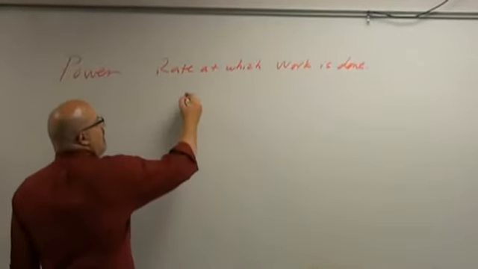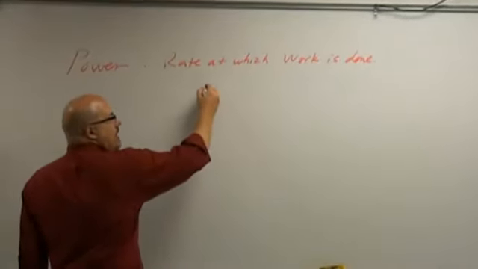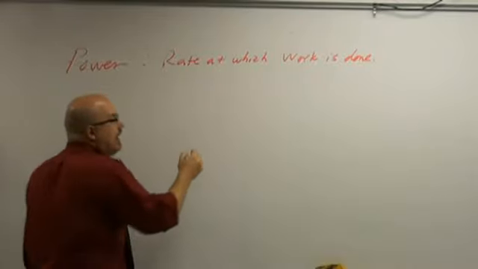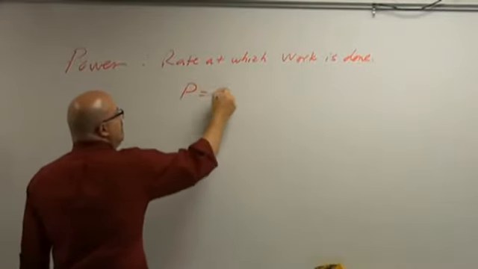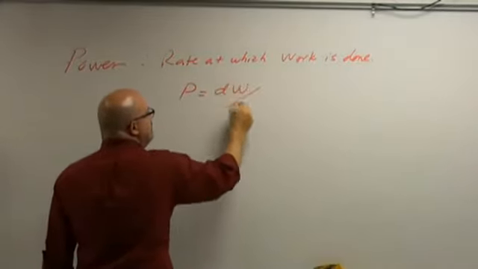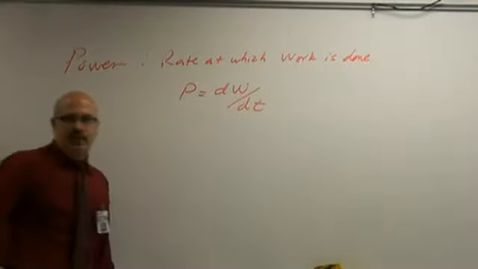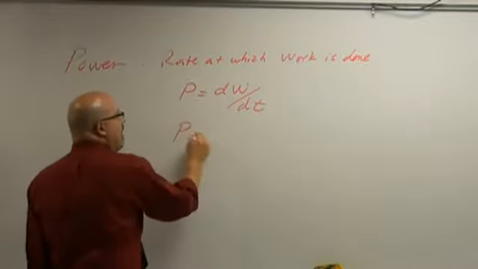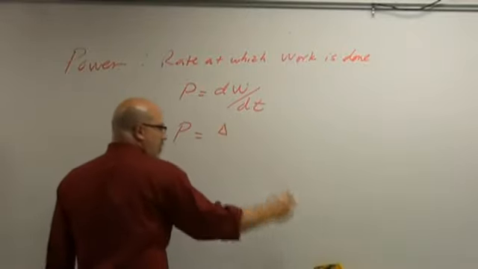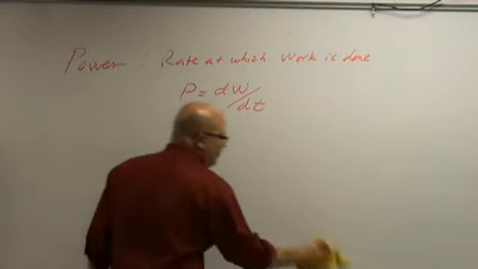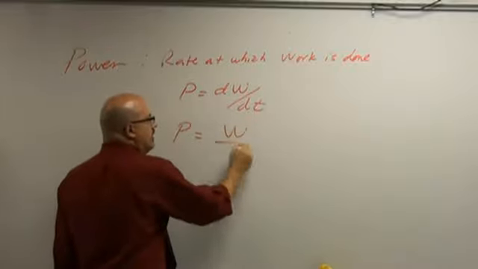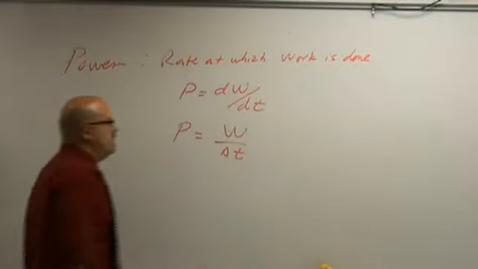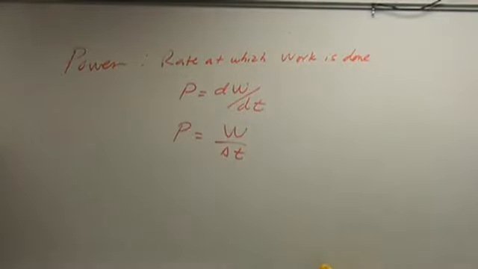Okay, for those of you in calculus, power equals dW/dt, the rate at which work is done. For those of you not in calculus, power equals W, the work, over t. How much work is done in a certain amount of time.